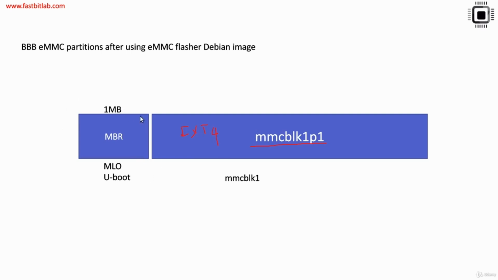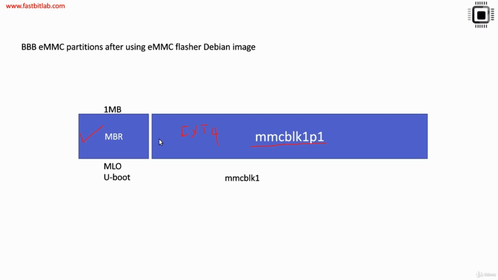Instead it creates 1 MB of MBR, master boot record, and stores the MLO and U-boot into this MBR. There is no file system on this MBR, so you cannot mount it. These MLO and U-boot are hard coded onto this MBR.